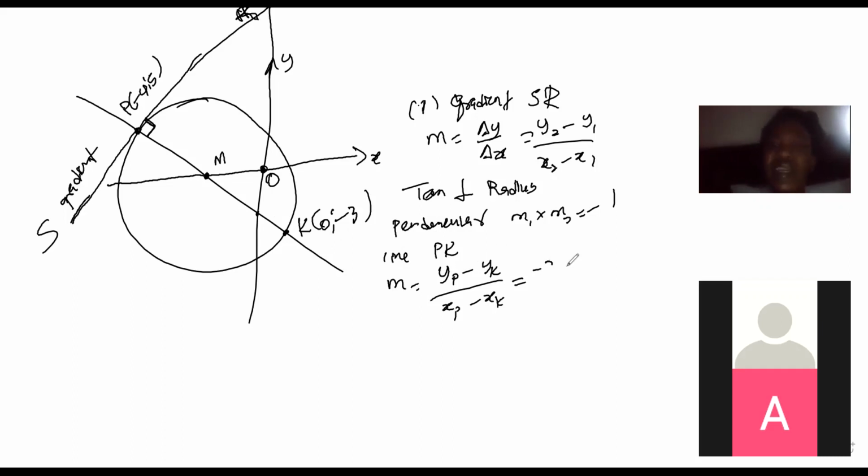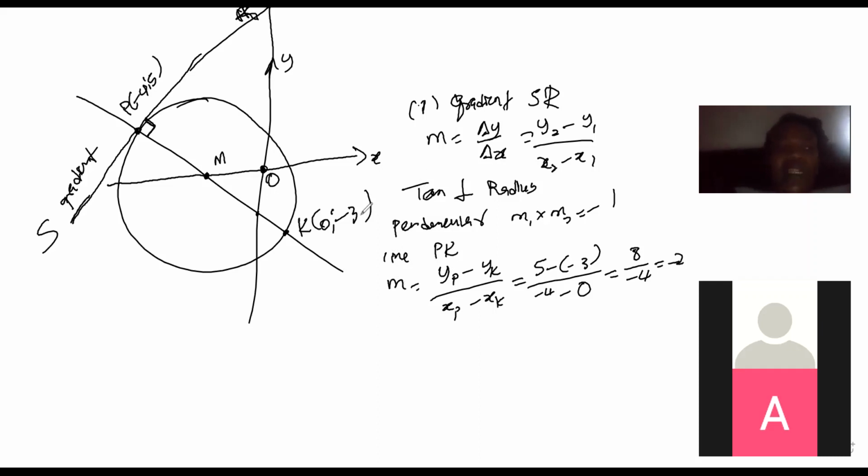YP is 5. YK is -3 over XP is -4 minus XK is 0. So we have 5 plus 3, which is giving us 8 over -4. So that gradient is -2.